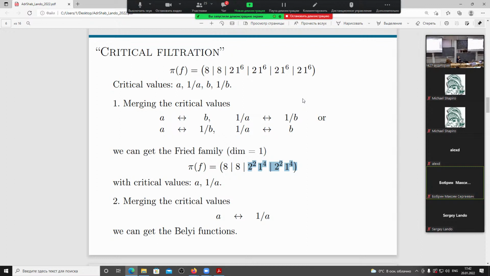I'm not sure about the ones you mentioned. Well, of course, if you want to get a clean Belyi pair, then finally you need all ramifications to be of order two. And you can split them and get a Fried family, but it's not the only way to get it.